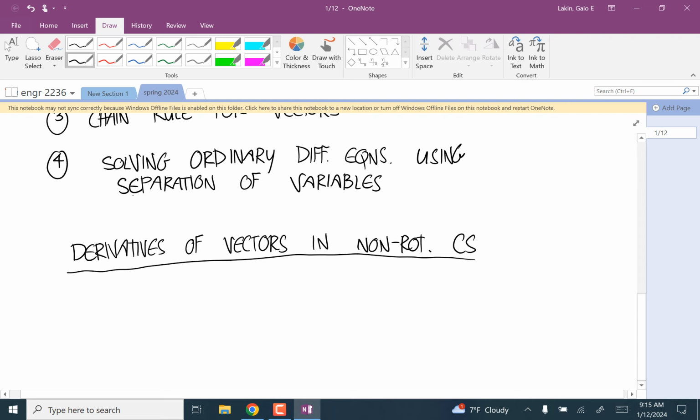If you have a vector, let's say this vector u is equal to ux as a function of some variable, let's call the variable x, uy, that's a function of x, we're just dealing with a single independent variable.